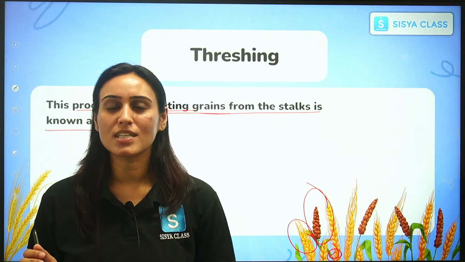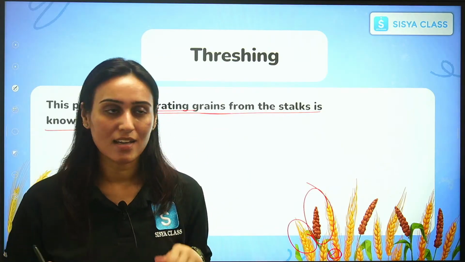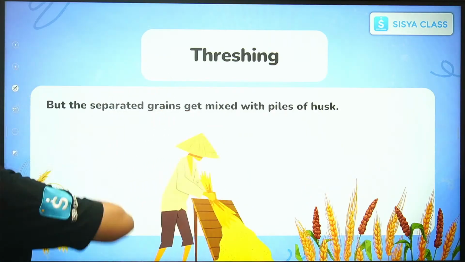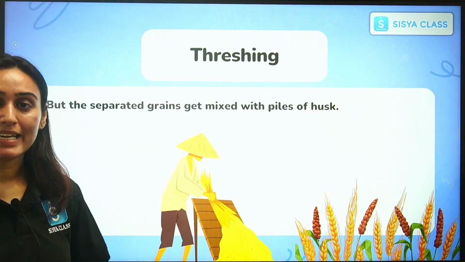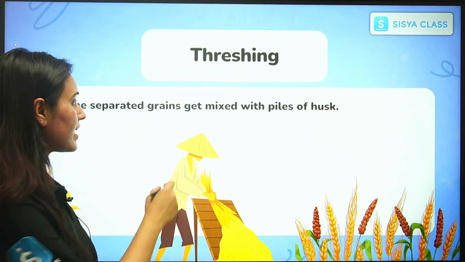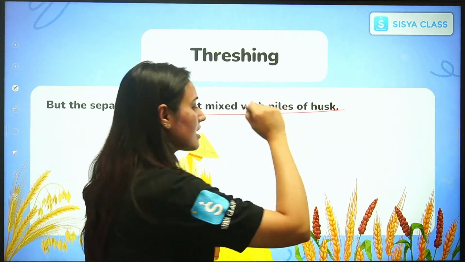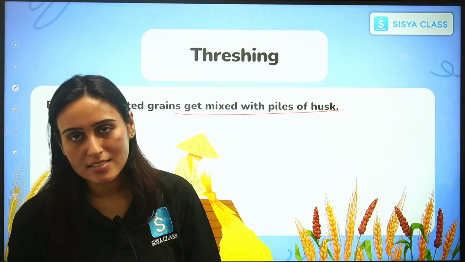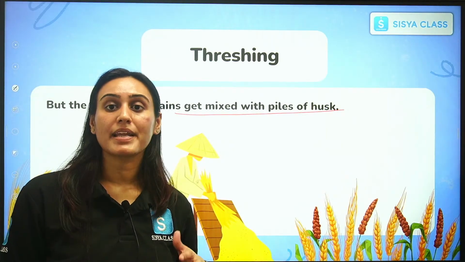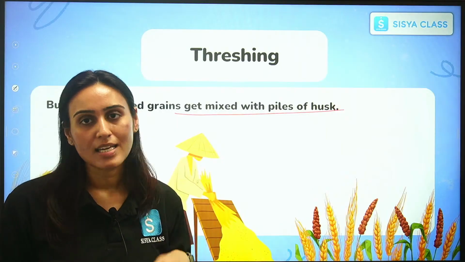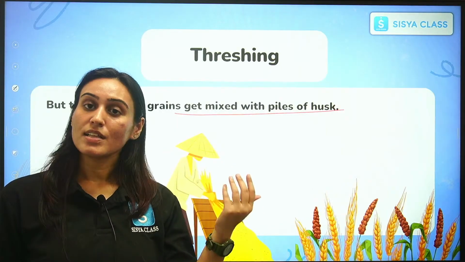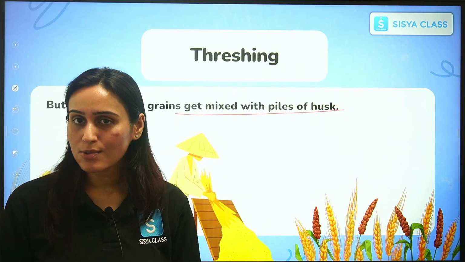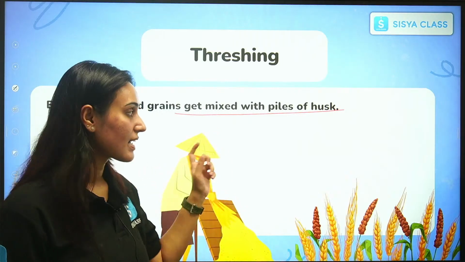We are trying to identify the best method to do that. So the separated grains from your threshing will get mixed with the piles of husk. You don't want those piles of husk. You are just looking for grains, obviously. So how do we separate out the grains from the husk? That is our question. So let's see some methods by which we can do that.